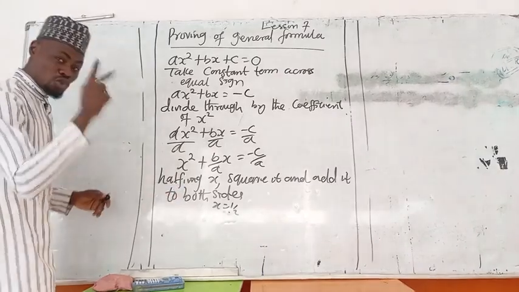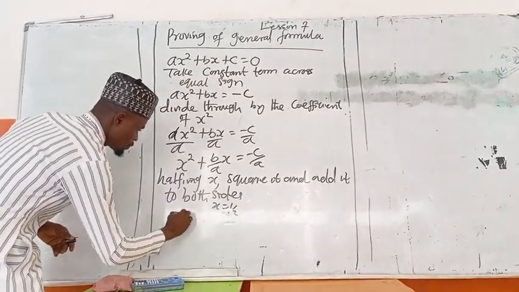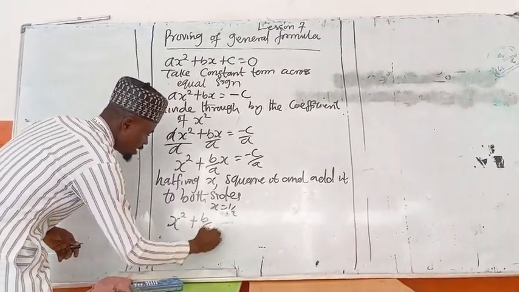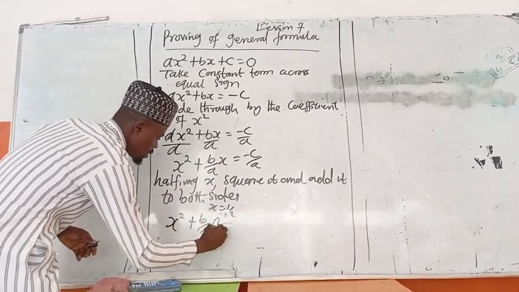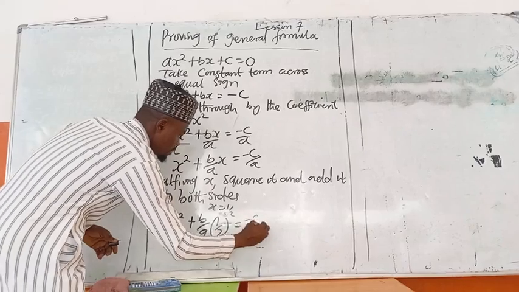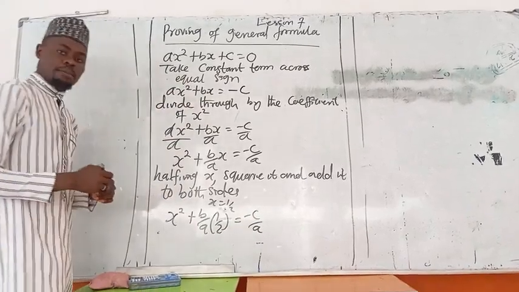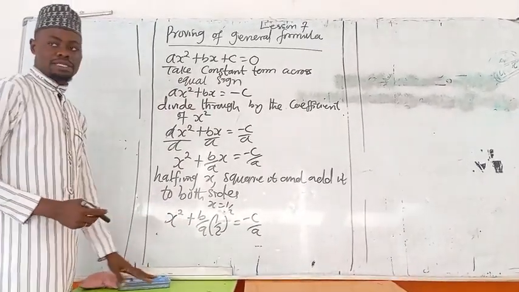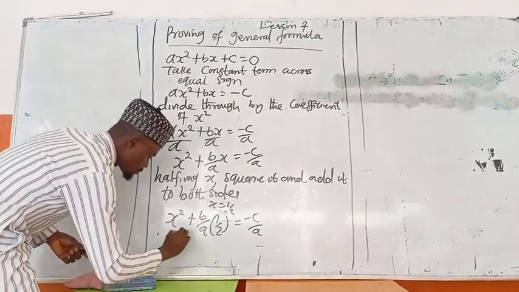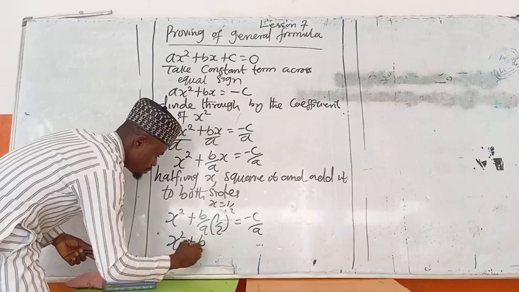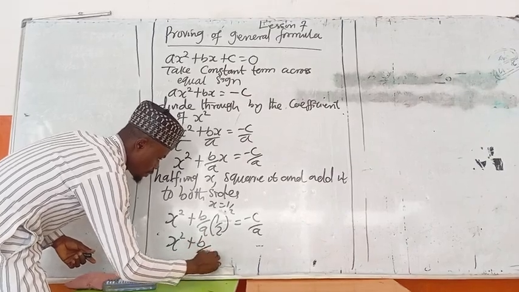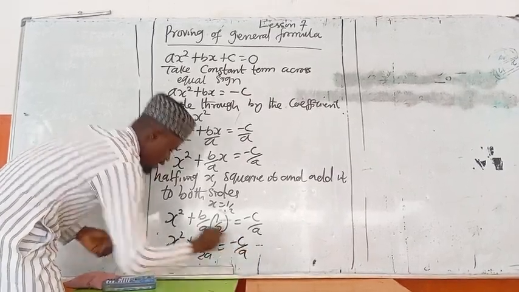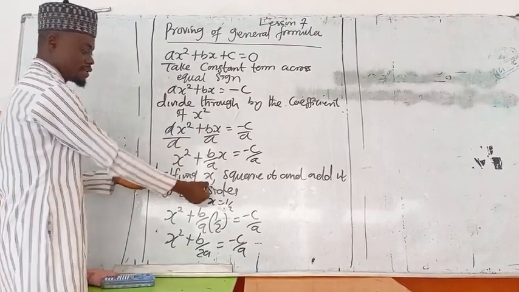We have x squared plus b over a, this is the coefficient of x, times 1 over 2, is equal to minus c over a. I'm not done with this bracket. I have to open the bracket, which means I'll have x squared plus b times 1 is b, a times 2 is 2a, is equal to minus c over a. Then I'm done with halving x.